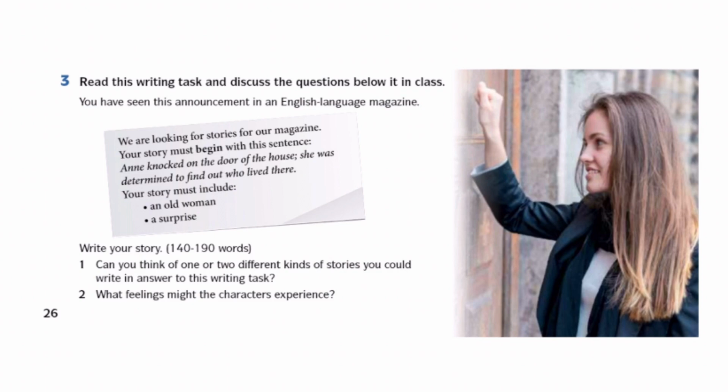Your story must include an old woman, a surprise. There are 3 requirements that you need to fulfill. The first one is you must include Anne knocked on the door of the house. The second requirement is you must include an old woman. And the third, a surprise.